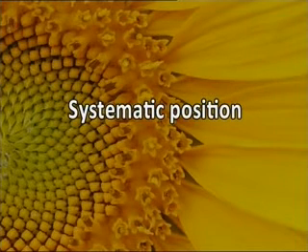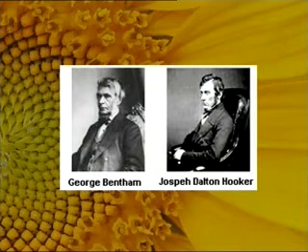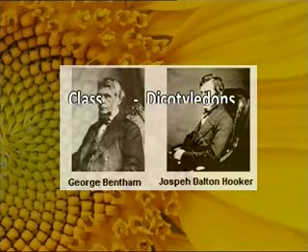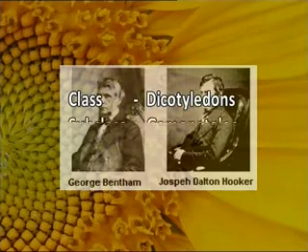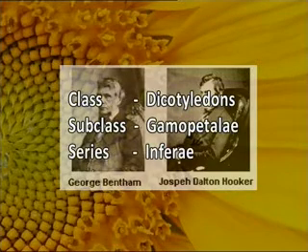Now, the second part of the lecture, that is the systematic position of the Asteraceae. Various taxonomists have classified Asteraceae differently. We will just mention here the prominent ones, starting with the two British botanists by the name of Bentham and Hooker, who classified the family Asteraceae under the class Dicotyledons, subclass Gamopetalae, series Inferi, and the order Asterales.